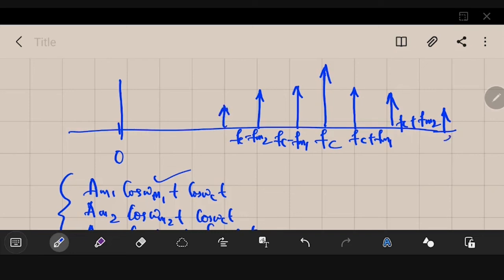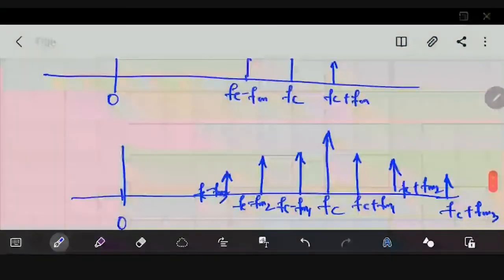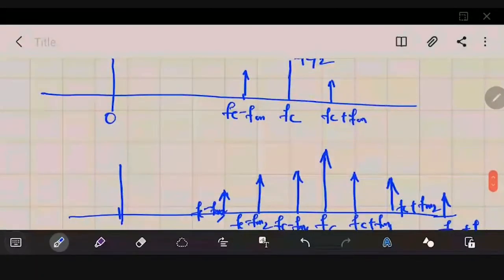This will be your fc plus fm3, and this is your fc minus fm3. In this way they will be present in the spectrum. You could compare this with the case of your single tone modulated signal, and you could visualize the difference that here multiple sidebands are there.